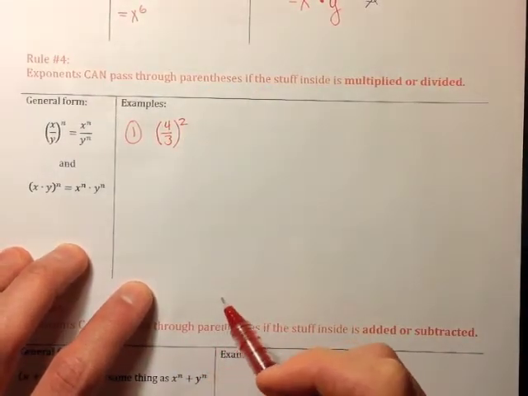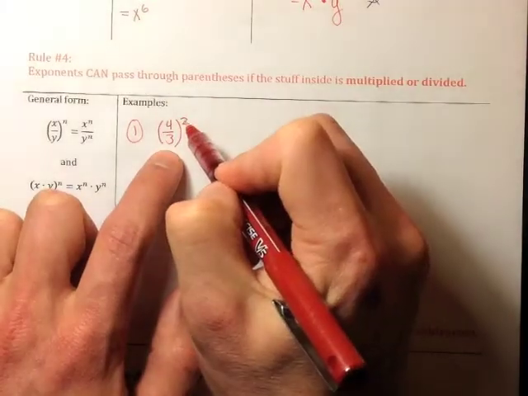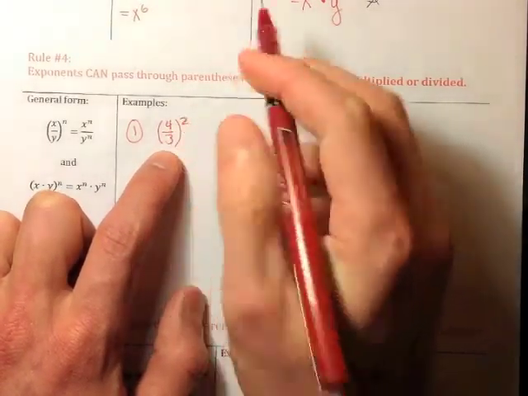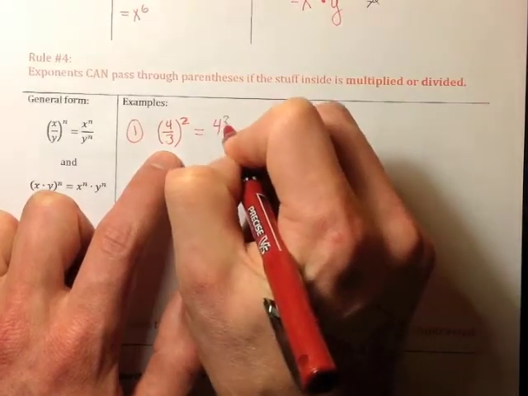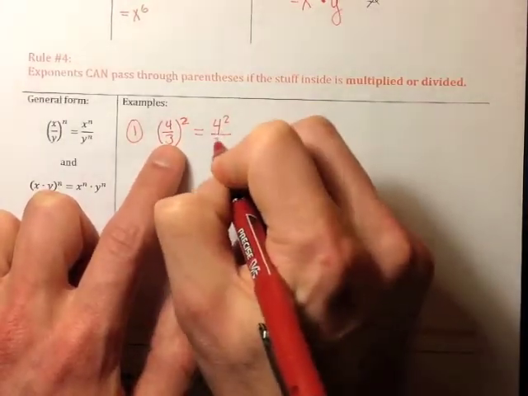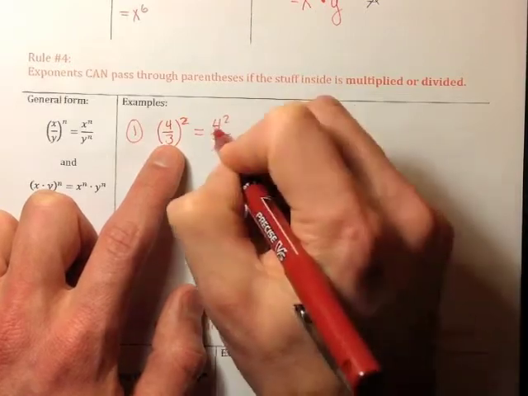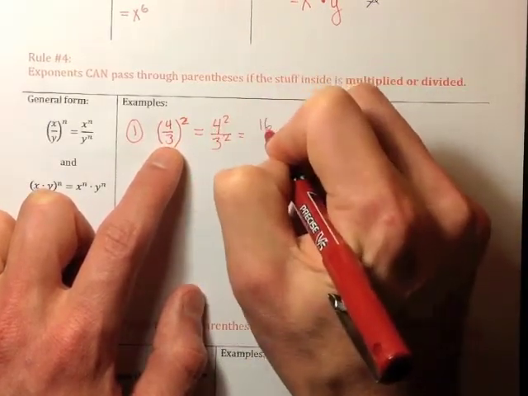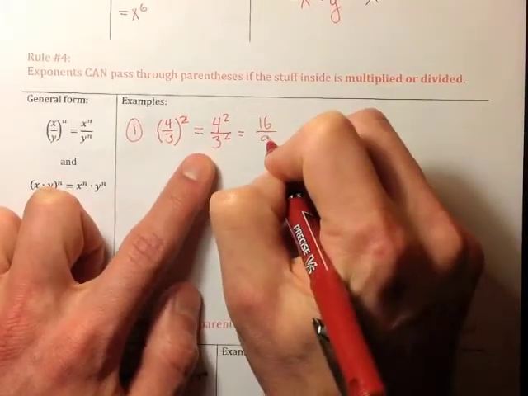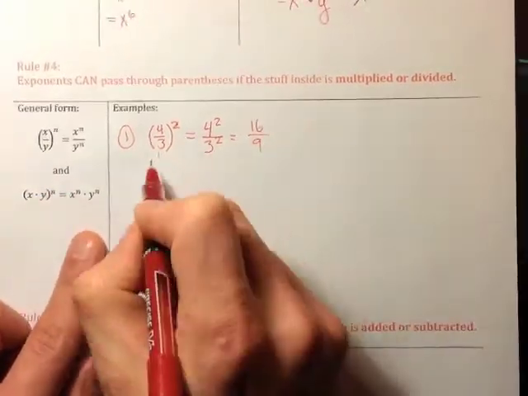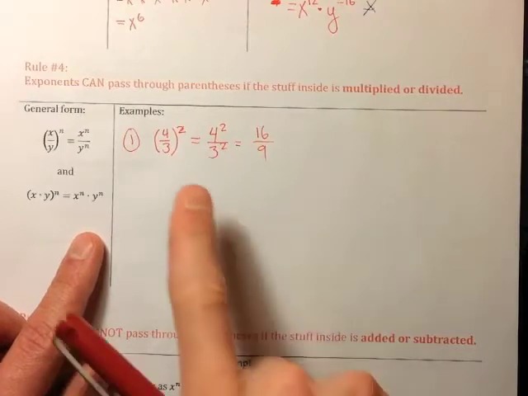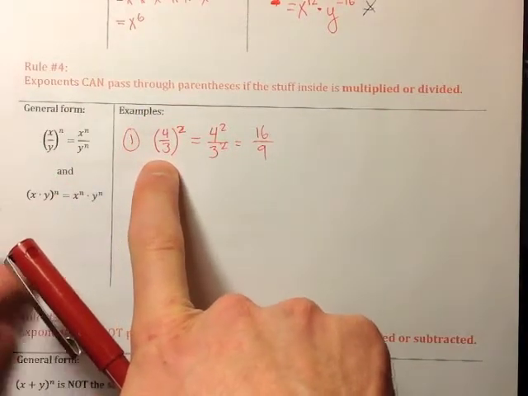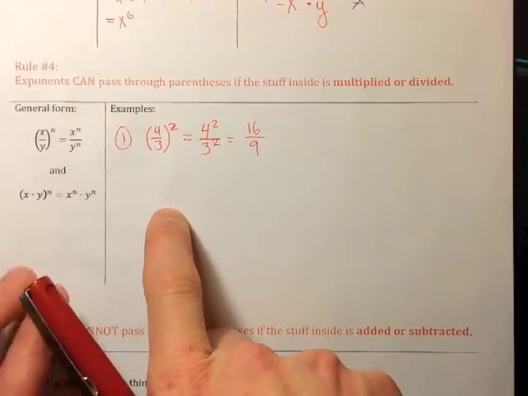Well, you might be tempted to bring the 2 inside of the parentheses and attach it to the 4, but you can do that as long as you also attach it to the 3. Okay? So 4 squared divided by 3 squared. Here, 4 squared, of course, is 16. 3 squared is 9. So that could be a way to simplify that expression there. So the exponent can pass inside of parentheses if the stuff inside is divided, like we showed here.